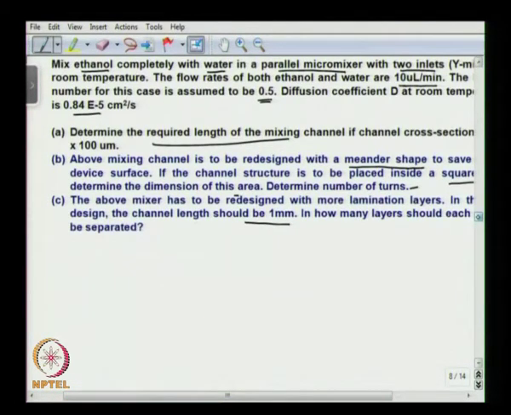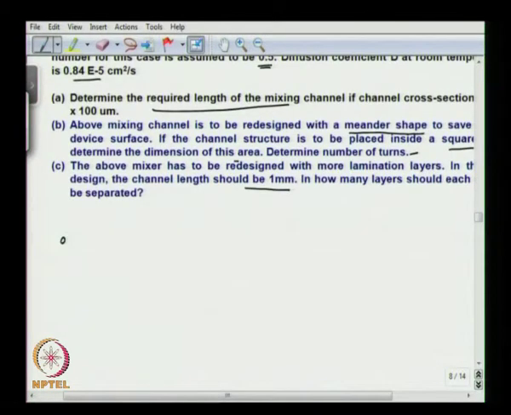So, let us just first solve the first question. So, you try to find the required mixing time. The required mixing time tau is given by the Fourier number into the mixing length scale square divided by D. Okay.